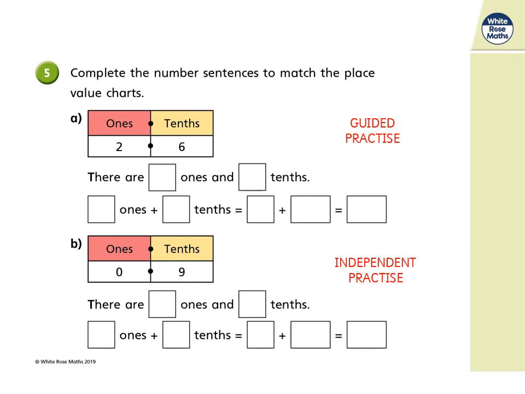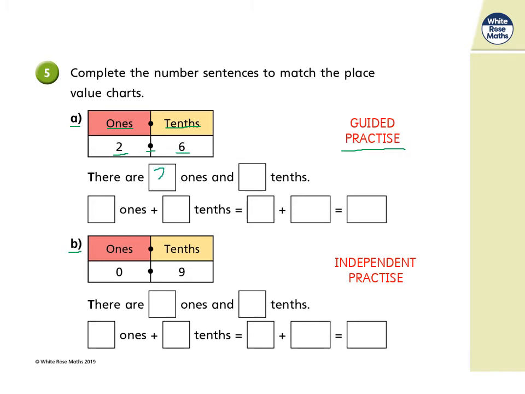So we've got some guided practice here. I'm going to show you A, and then you're going to complete B independently. So our question asks us to complete the number sentences that match the place value charts. So again, I've got our place value grid with our ones and tenths of our lowest value that we are working with today. So I have 2 ones, decimal point, and 6/10. So I'm going to fill out this same sentence now.